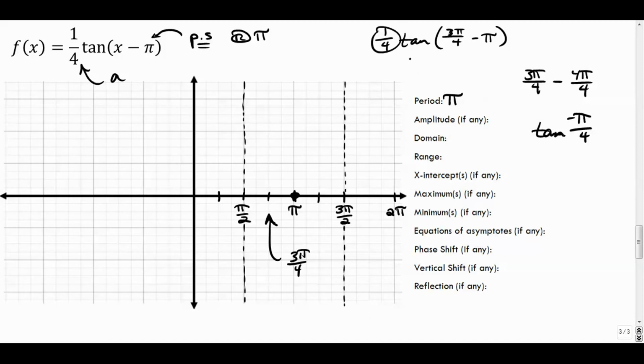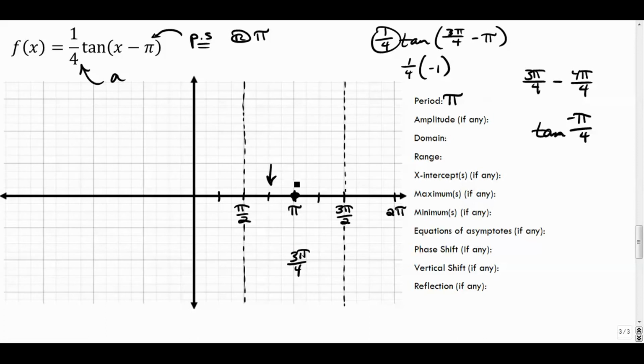So 1/4 times negative 1 is negative 1/4. So when x is 3 pi/4, y is negative 1. So I'll put that right down here. Or negative 1/4 rather, sorry. So let me do that again.